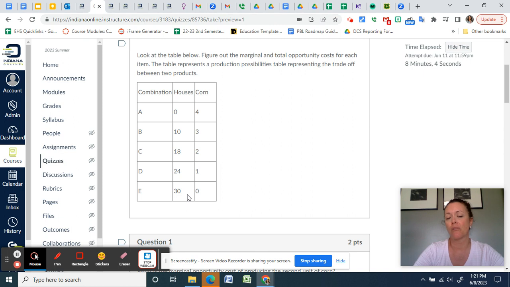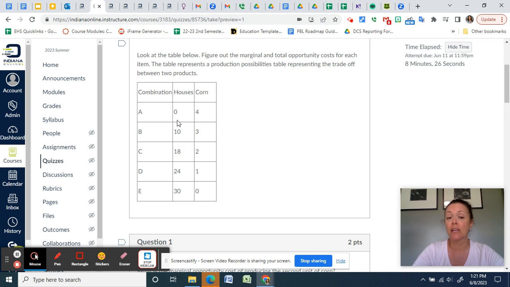Well, then I have to go all the way down here to possibility E. So I've got 0 units of corn at possibility E and 30 houses. In order to go from 0 units of corn to 4 units of corn, I have to go from 30 units of houses to 0. In other words, my total opportunity cost for all 4 units of corn is going to be 30 houses.